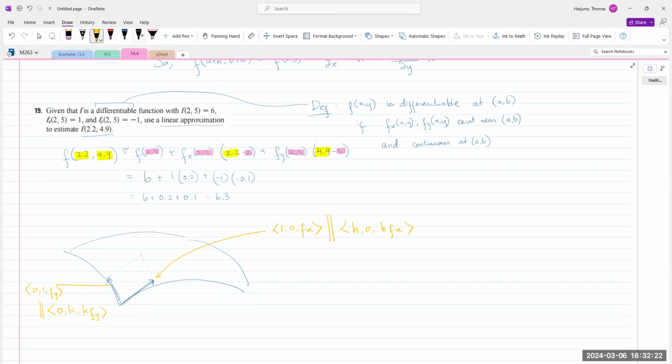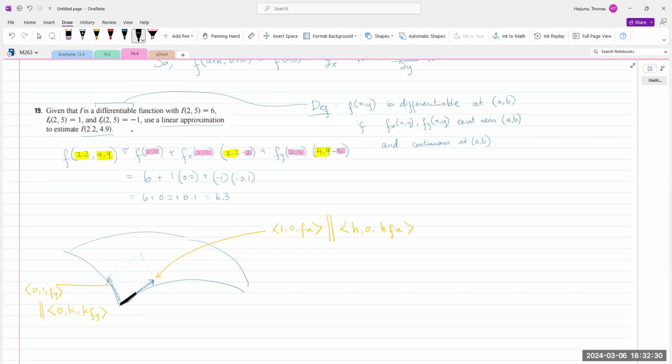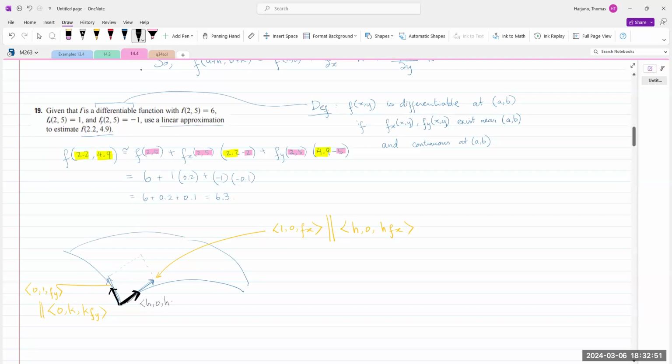Okay, so notice that if I go h units in the x direction and then k units in the y direction, maybe I redraw it. So this is now my (h, 0, h f sub x), and this is my (0, k, k f sub y), right?